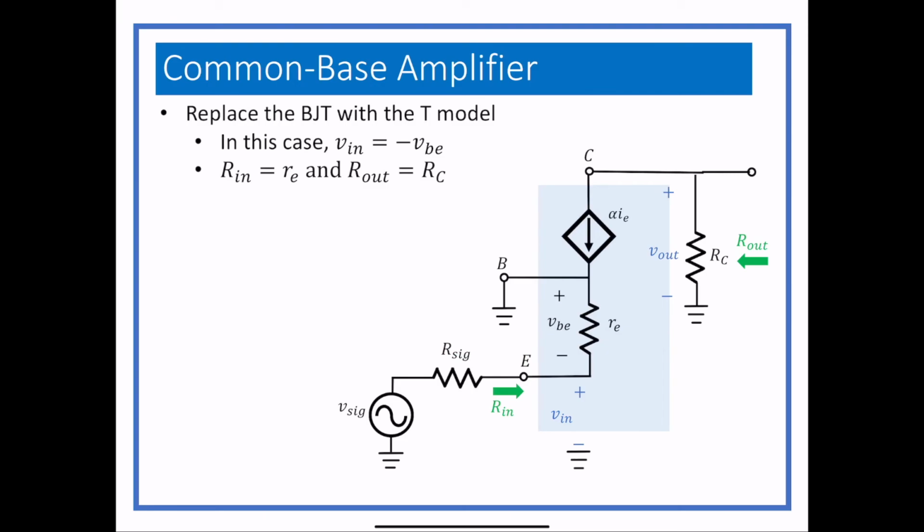When we go through and find the actual unloaded gain, that's defined to be Vout over Vin, and Vout is just going to be minus GM VBE RC. And I do have a different model sitting there where I don't have GM VBE there. I actually have alpha IE, and there's a reason for that.